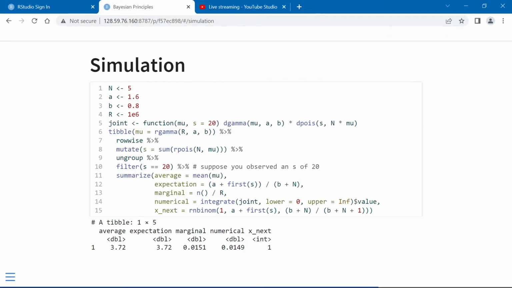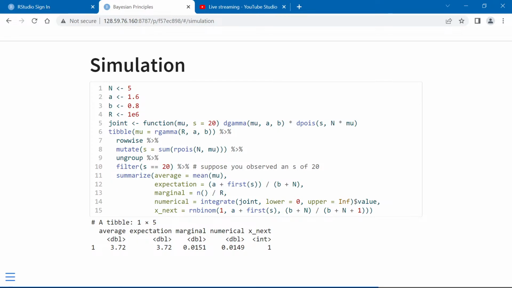All right. So like I said, we can do it the modern way. Let's say we have 5 observations. Still not big data. Little data. Say we start with an A of 1.6 and a B of 0.8 and do 1 million simulations. And let's suppose that we observe a sum of the data points that's 20. So the 5 data points sum to 20. Simulate from a gamma prior for mu.